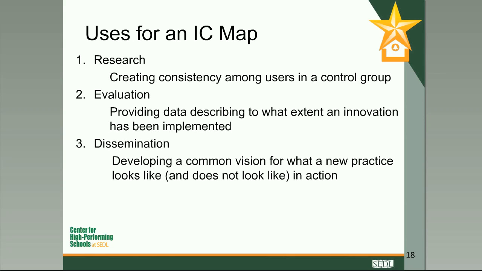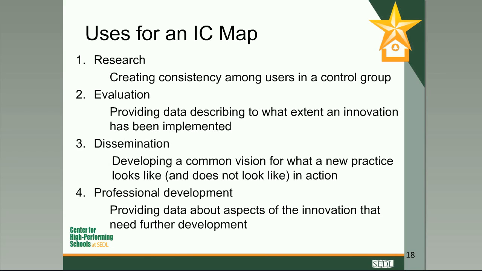A very common use for it is dissemination, or actually communication as well, because here you're developing a common vision for what a new practice looks like and doesn't look like in action. It can also provide a great deal of information about what professional development might be needed.